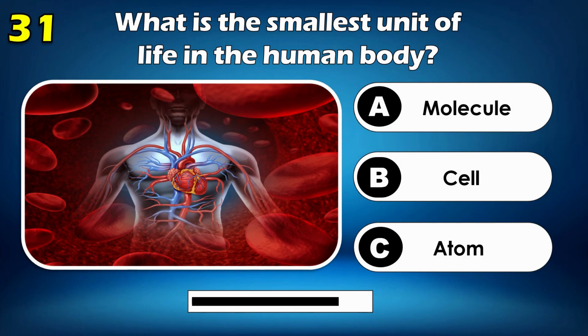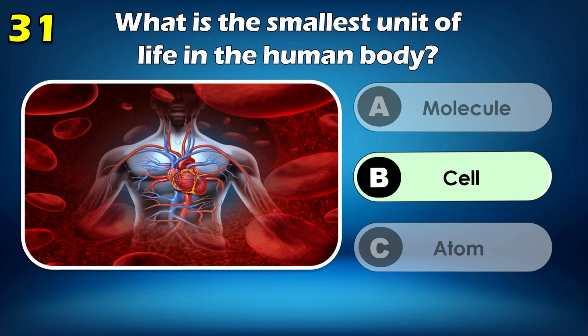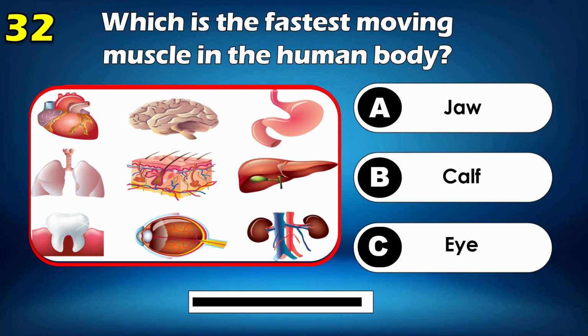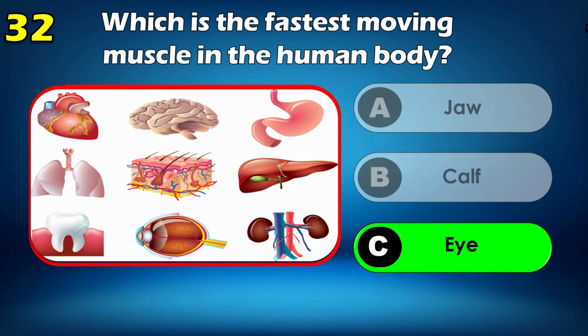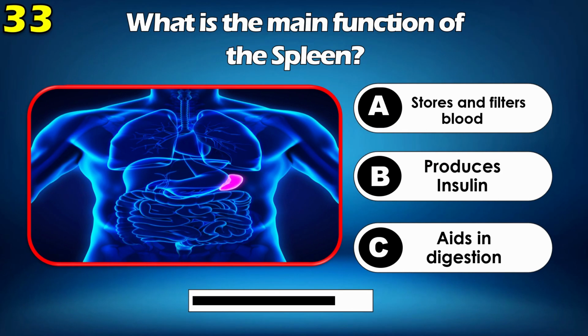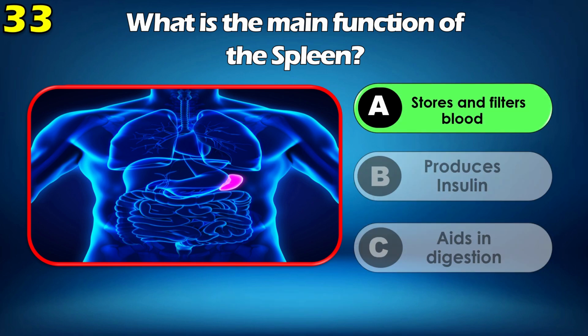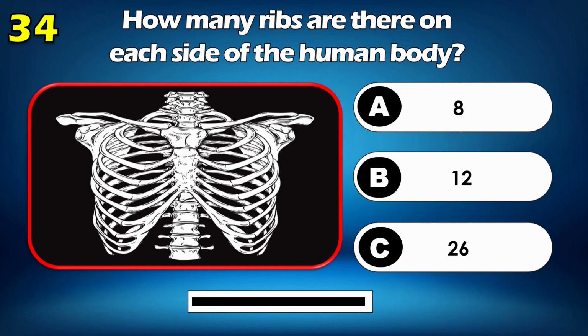What is the smallest unit of life in the human body? Cell. Which is the fastest moving muscle in the human body? Eye. What is the main function of the spleen? Stores and filters blood. How many ribs are there on each side of the human body?